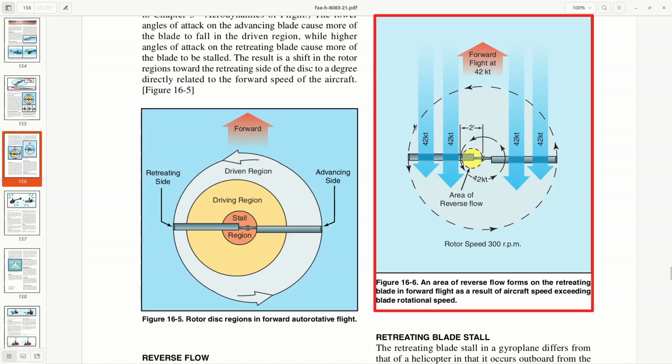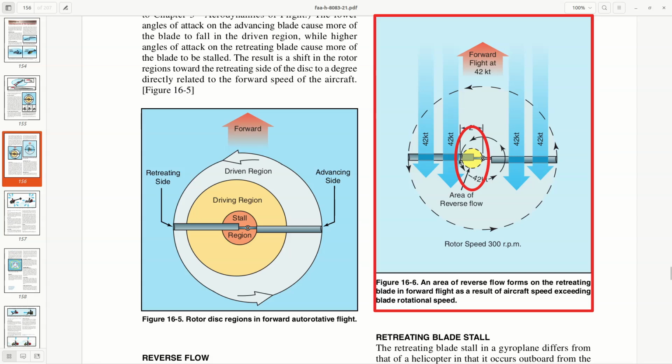So if you look at this figure, you'll notice I'm going forward at 42 knots and I'm rotating at 300 rotations per minute. And if I go out to a distance of about 2 feet from the hub, my rotational speed is also 42 knots.